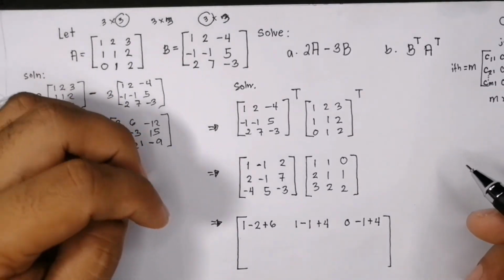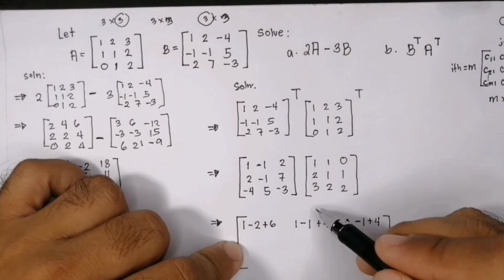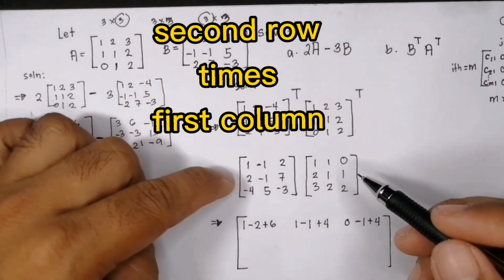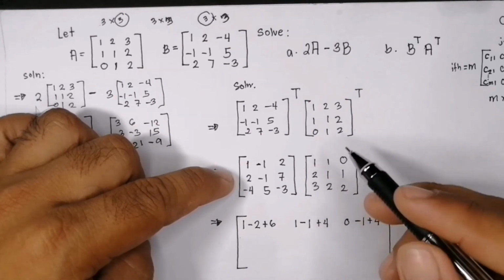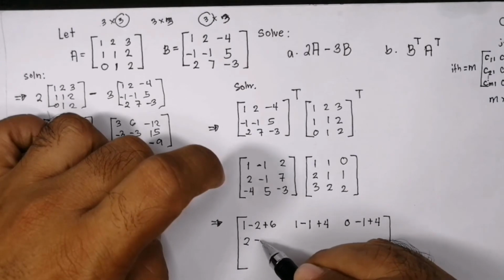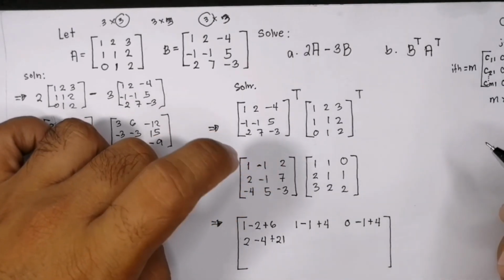So this time, we're going to get the second row and the first column. We're going to multiply the second row to the first column. So 2 times 1 is 2, negative 1 times 2 is negative 4, 7 times 3 is positive 21.